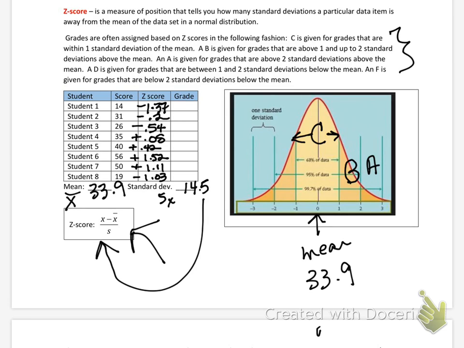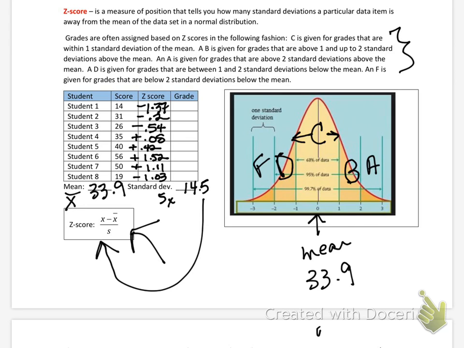Then a D is given for grades that are between 1 and 2 standard deviations below the mean. That means they're going to be negative, so this is going to be my D right here. And F is given for grades below 2 standard deviations below the mean, so it has to be less than negative 2. Looking at this, I don't see any F's, but I do see some D's.